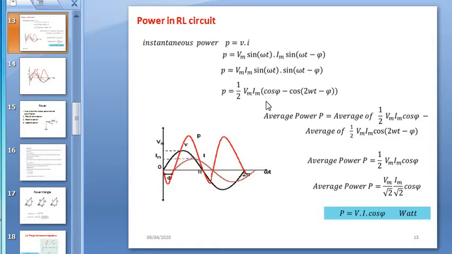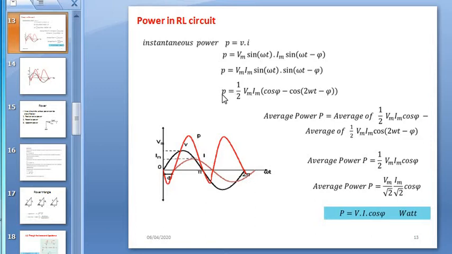There is no omega t in this particular term. Whereas in the second term, there is cos of 2 omega t. Therefore, this term is also called the fluctuating component of power. This fluctuating component has frequency double the supply frequency. This 2 is indicating double the supply frequency. This will be the equation of instantaneous power for the RL circuit.